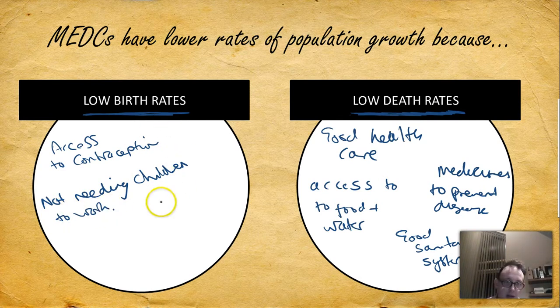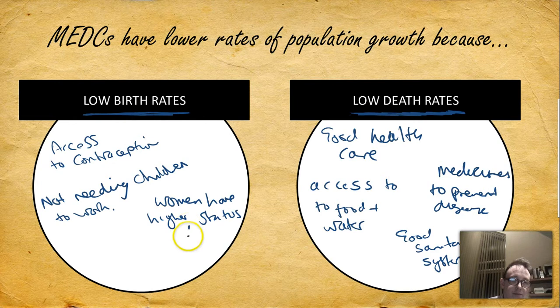Other reasons might be that women in our society, in more developed societies, have higher status, and they work. While people are working, it does tend to be that they have fewer babies.